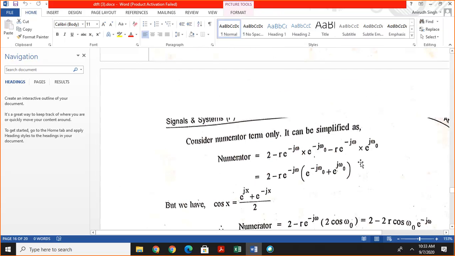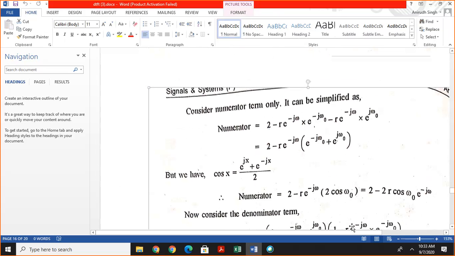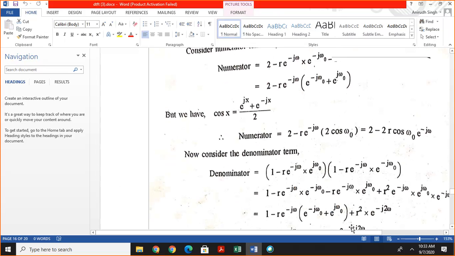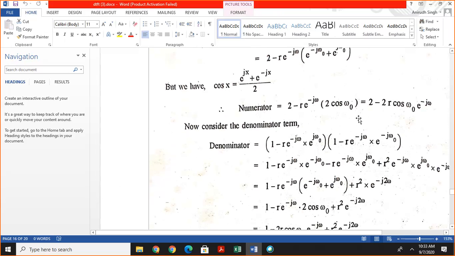Numerator can be written as this, and it is in simplified form, and exponential minus j omega naught plus exponential plus j omega naught is replaced by 2 cos omega naught. So the numerator is simplified in this form.